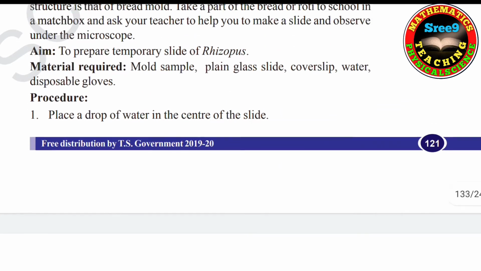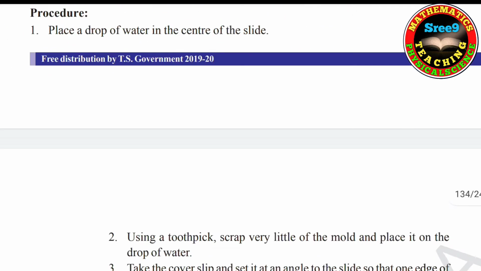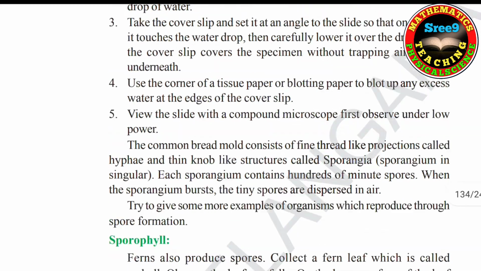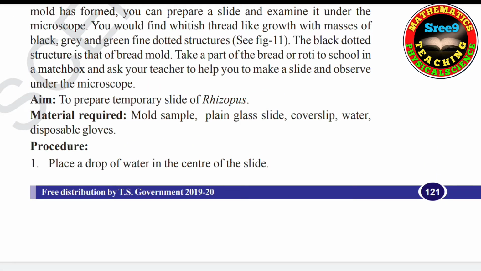Here in the lab activity you can see, to prepare a temporary slide of Rhizopus, one of the spore formation. If you read this lab activity, a question definitely may come regarding how you prepare a temporary slide of Rhizopus. Explain the material required and procedure. Such a question may be asked.